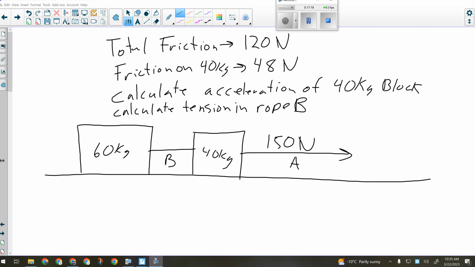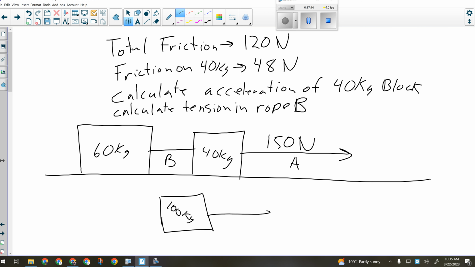What should I calculate first here? Yeah, I should calculate the acceleration of the system first, because I'm going to need that if I'm going to calculate the tension in rope B. So, can I simplify this diagram to start off with? Should I? I should, yeah. Okay. So, my overall mass of the system is 100 kilograms.